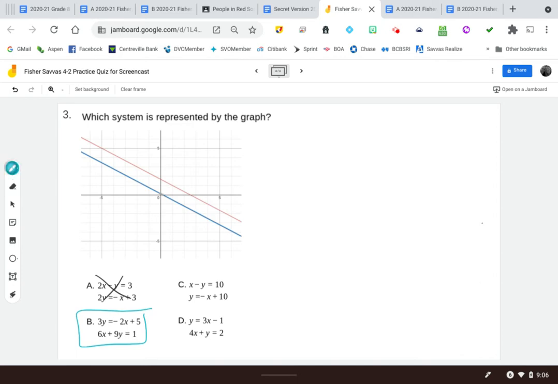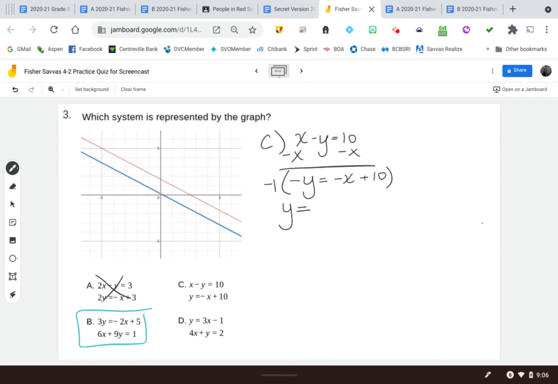All right, solution C. I have x minus y is equal to 10. If I solve for y, I subtract x on both sides, so I have -y equals -x plus 10. When we want this in slope-intercept form, I need to multiply the entire equation by -1. So my equation is y equals positive x minus 10.